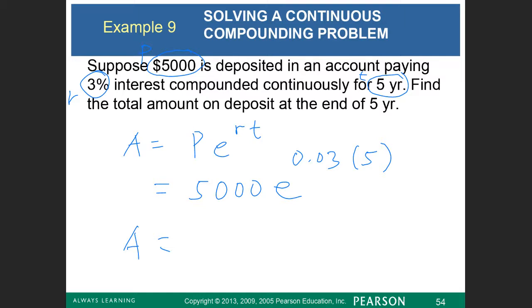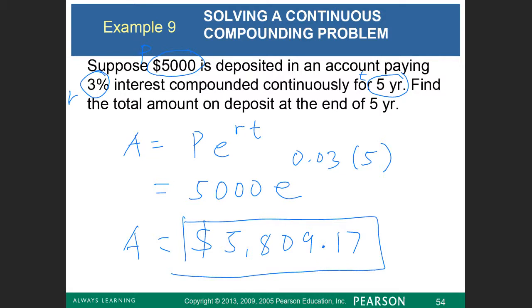And then hit enter. So our answer in dollars would be 5,809 and 17 cents. Again, the answer would be 5,809 and 17 cents.